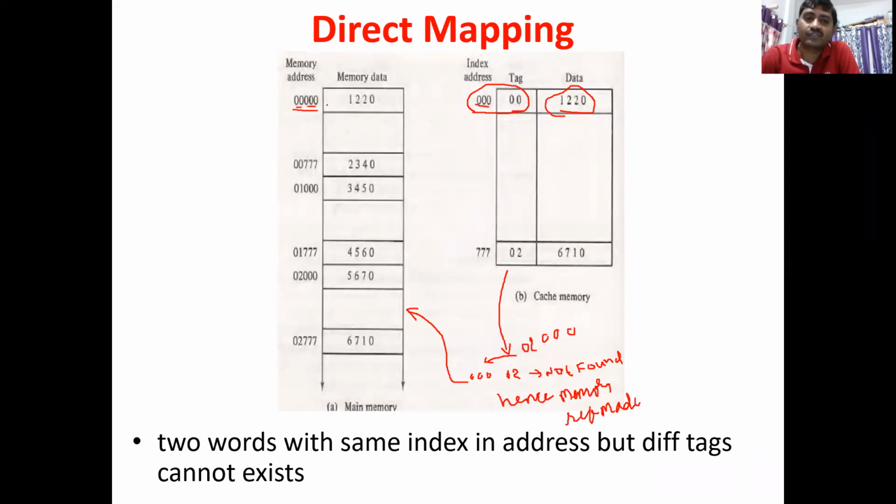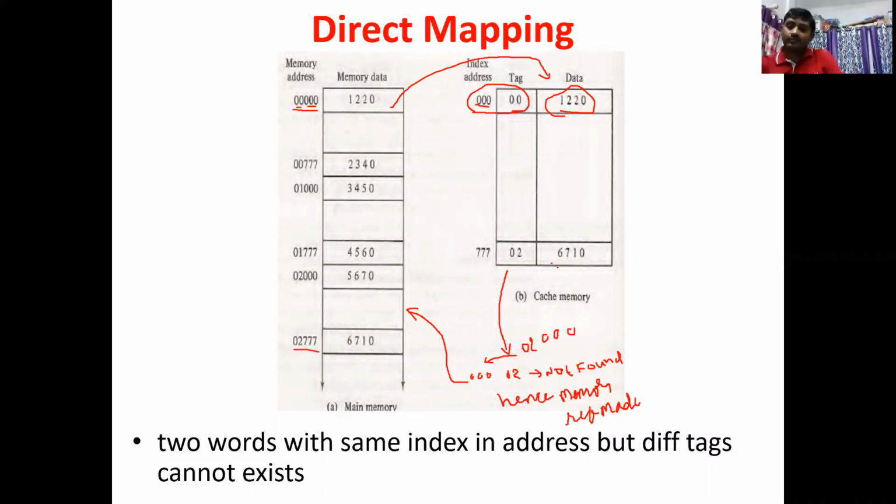So the later three zeros will be the index and the first two will be the tag. So 120, that will be taken from here and placed in cache memory, right? Similarly 02777, the content will be 6710, it will be placed here, right?